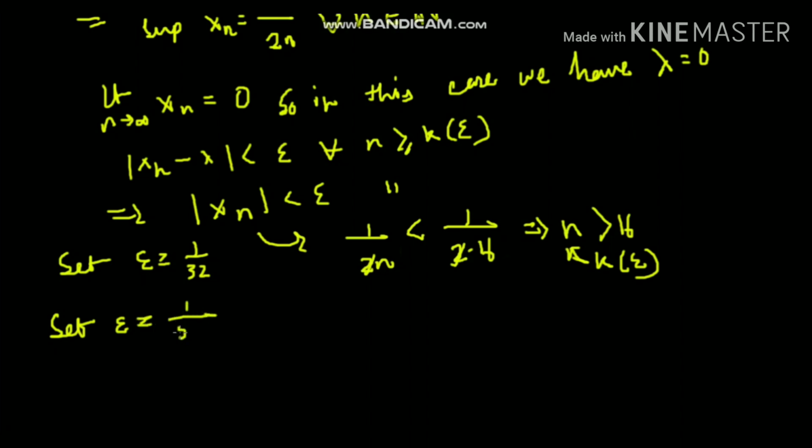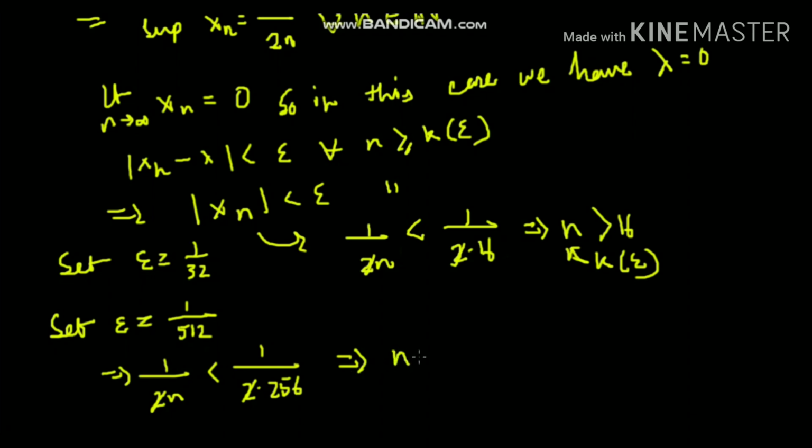Now let us set epsilon to be 1 by, let's say, 512. So another bigger quantity, so now epsilon becomes a lot smaller. So we can write 1 by 2 times n is less than 1 by 2 times 256, which is equal to 1 by 512.